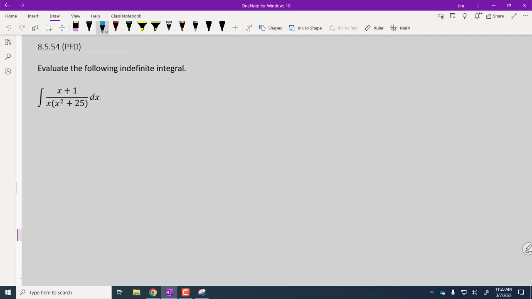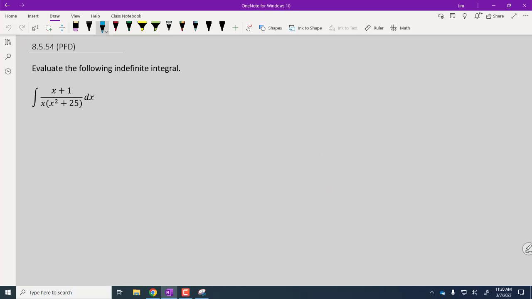All right, let's go to this more complicated one with an irreducible quadratic. So this one, definitely we have an irreducible quadratic. So we're going to rewrite this one as a over x. And then that irreducible quadratic, which should be the numerator? Bx plus c.